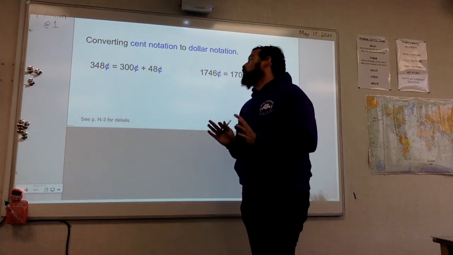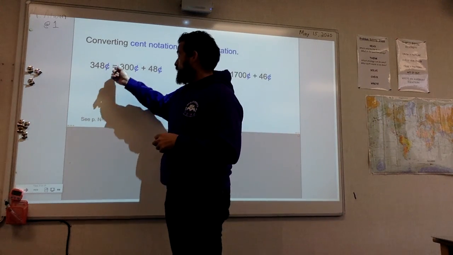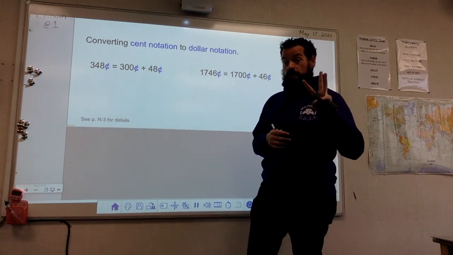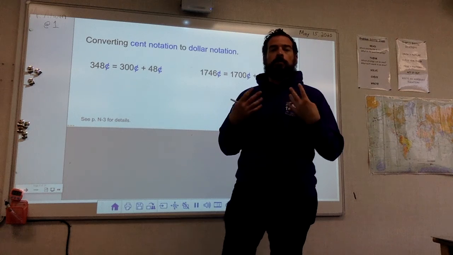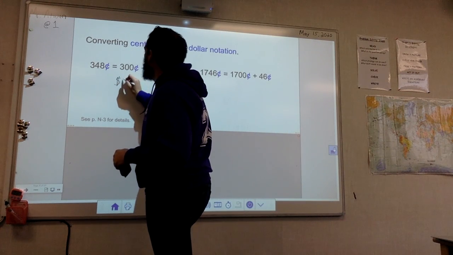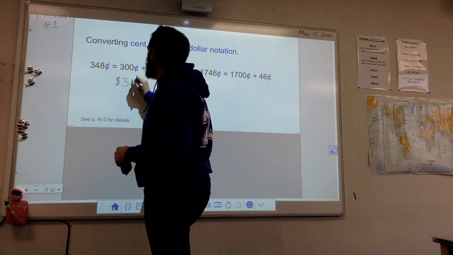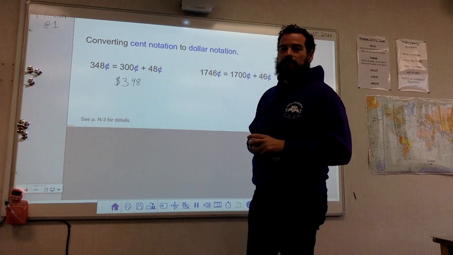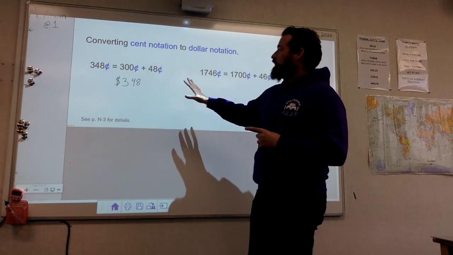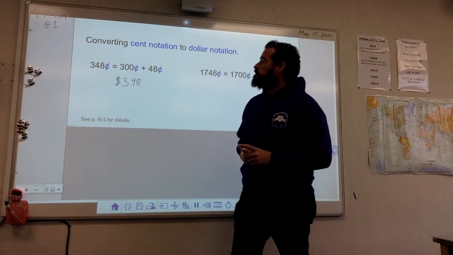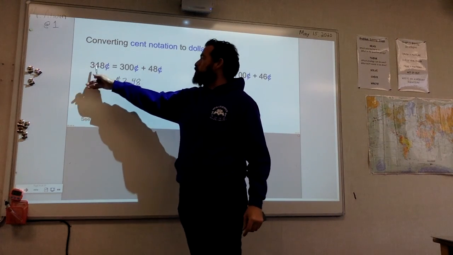Since we have 300 cents, we know that's going to equal $3 because 100 cents equals $1. So we write our dollar sign, 3.48, which equals $3.48.